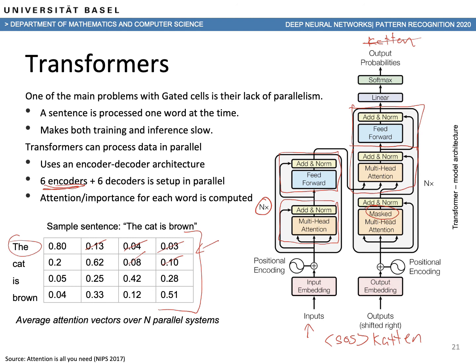Okay, so then we put in "katten". Then we'll figure out that the next output is "er" and then "brun". So the final sentence was "katten er brun", and then it'll be followed by an end of sentence, which will be output. So in the case of translation at least, the network has the start of sentence to begin with, and whenever the sentence is done, we send an end of sentence to the output, and then we have the full translation of a sentence.